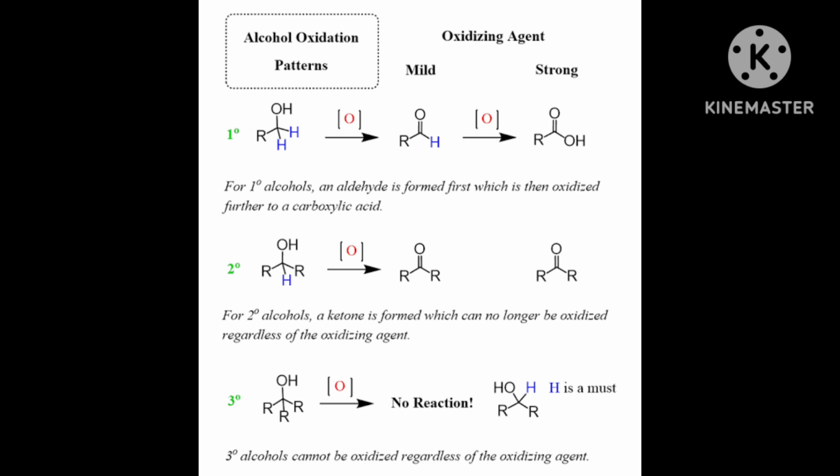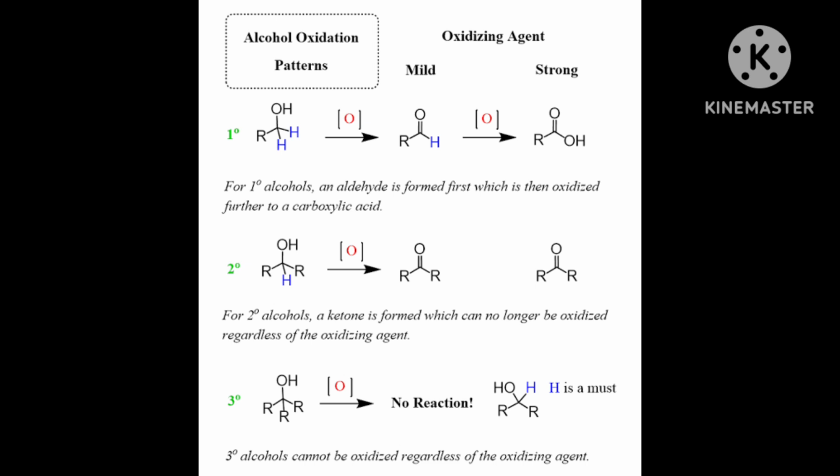Or stepwise, if you see, first it will convert to an aldehyde. From CH2OH, the H2 is gone, then what is remaining? CHO or COH is remaining. RCH2OH was there, two H gone, then COH remaining.